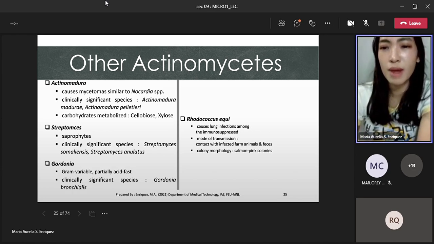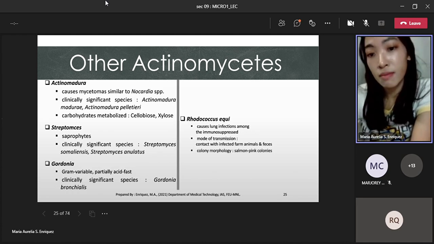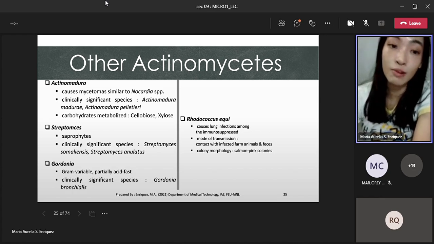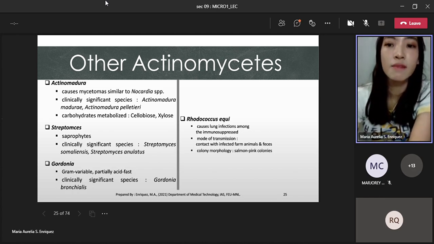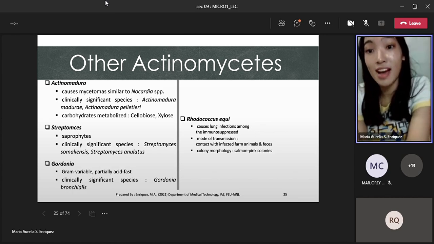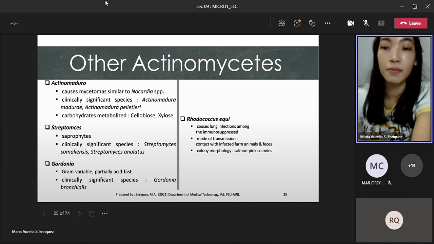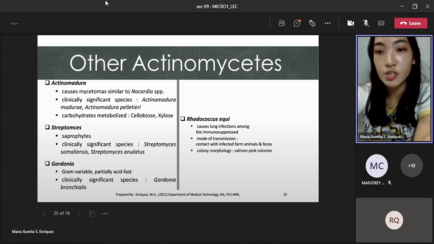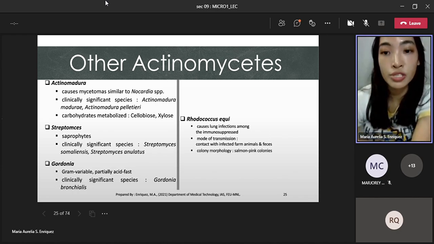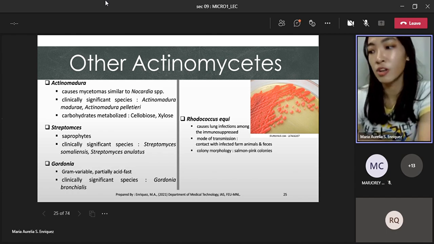Okay, so upon gram staining, Rhodococcus equi may demonstrate filaments and branching na kahawig ulit ng Nocardia species. Rhodococcus equi may also be partially acid fast. Now, again, it's something that is the same with Nocardia species. Now, the key feature for identification of Rhodococcus equi is its production of salmon pink colonies.